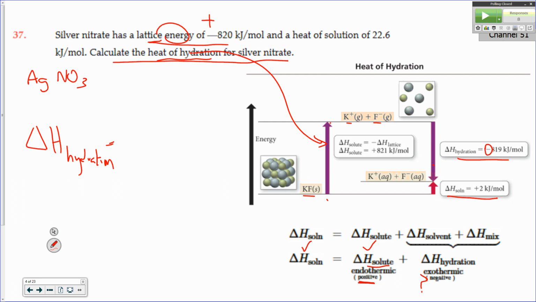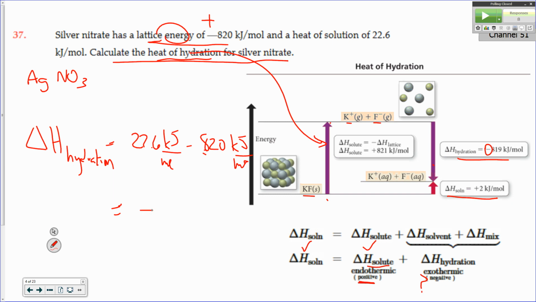All right, so it's the heat of solution, which is 22.6 kilojoules per mole, plus the lattice energy, which is 820 kilojoules per mole, and when you subtract those two, it's going to be slightly less than 800 when you take the difference.